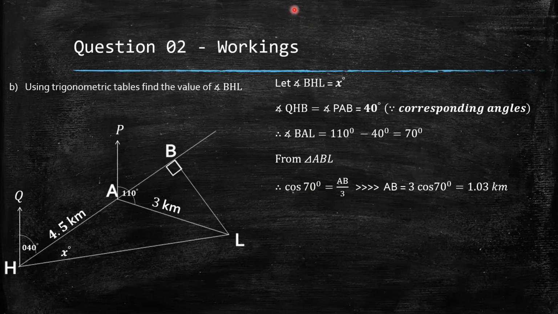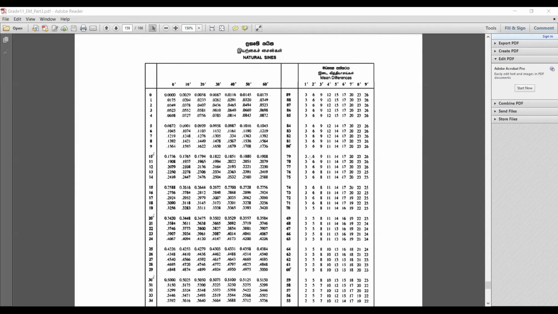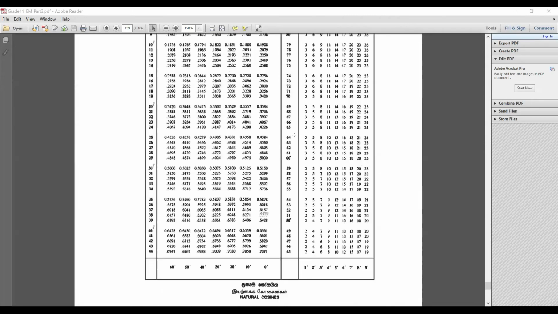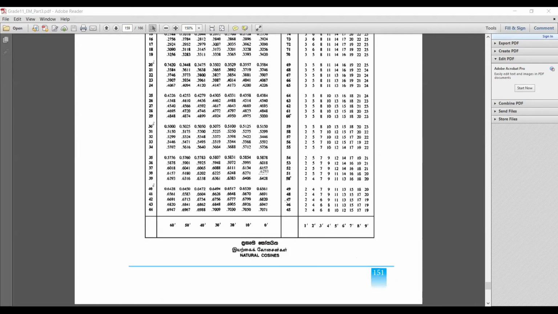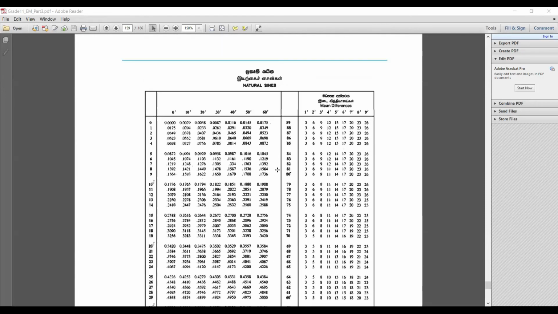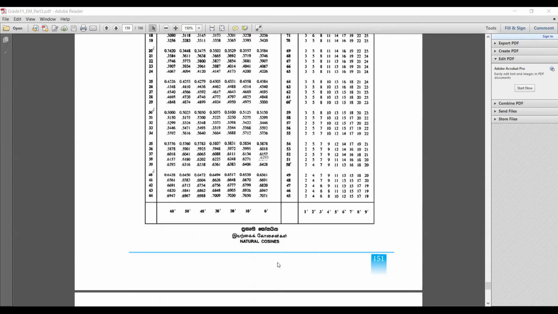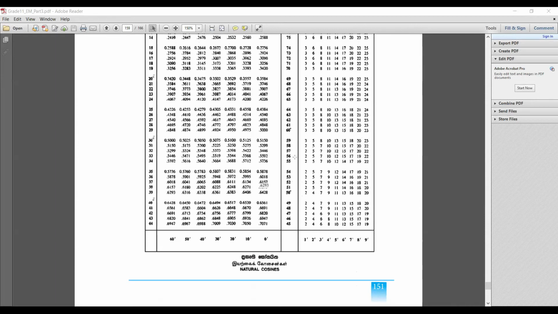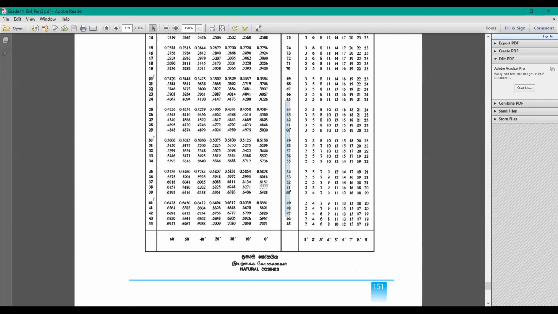So let me show you how to find the cosine value using your table. You have here the natural sines table, and from the top it will be sine, and from the bottom it will be cosine. So how to find the cosine of an angle? From this corner, you can see this column. These will be my angles.